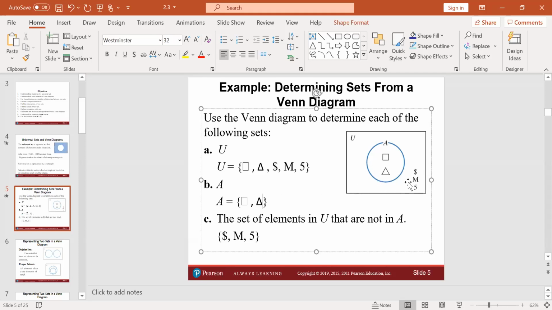Thus, the dollar sign, the capital M, and the number 5 are all outside of the A circle, but still have to be in the universal set. Everything has to be in the universal set. This means that the elements of the universal set that are not in A are the dollar sign, the capital M, and the number 5. These are the things outside of A.